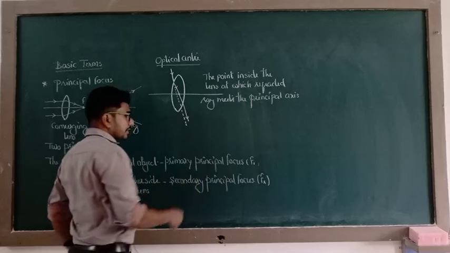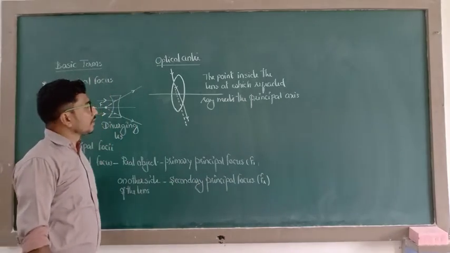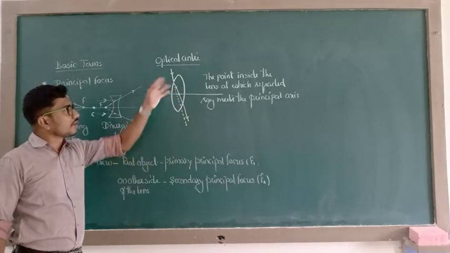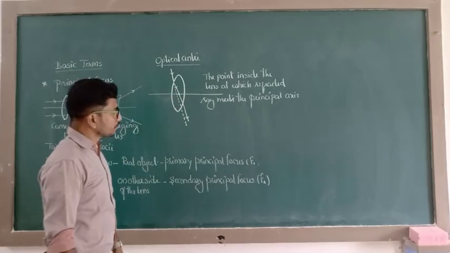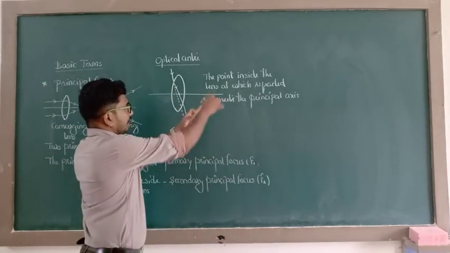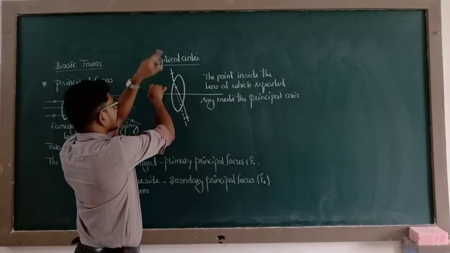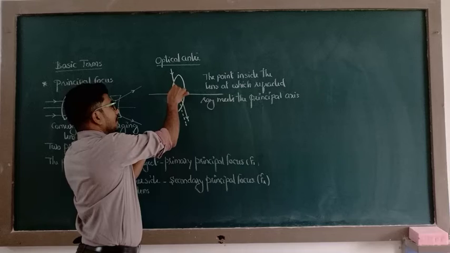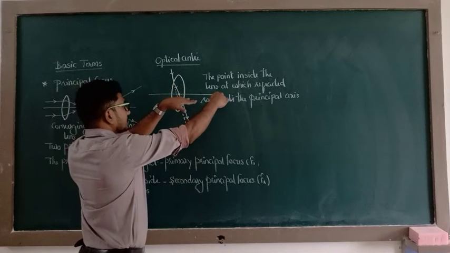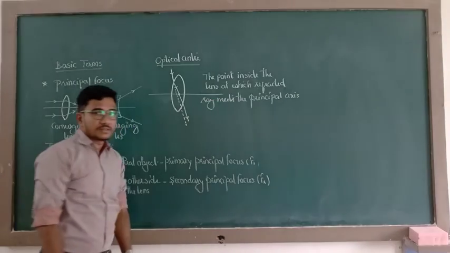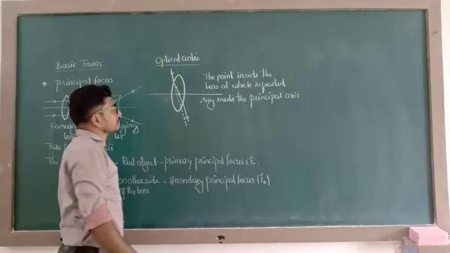Principal axis means the line passing through the center of curvature of one spherical surface, the center of curvature of the other spherical surface, and the optical center. This line is known as the principal axis.